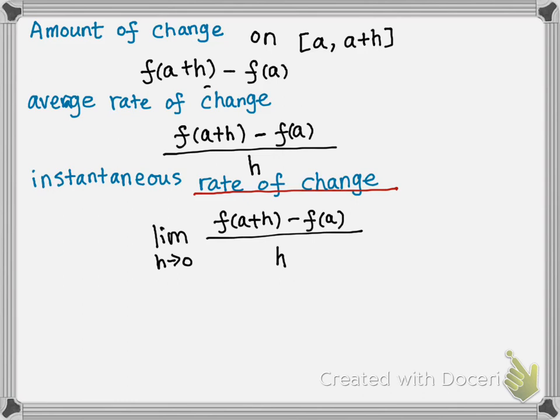And that is why the rate of change sometimes is also called f prime at point a. Okay? When we're talking about the instantaneous rate of change, we're talking about one point, the point a, x equals a, because it's one instant.